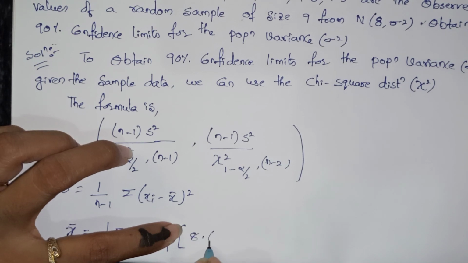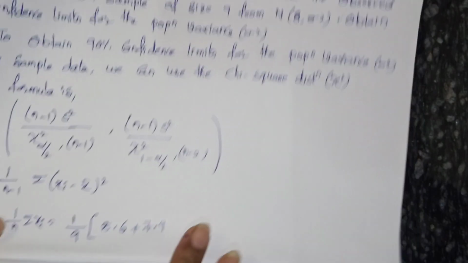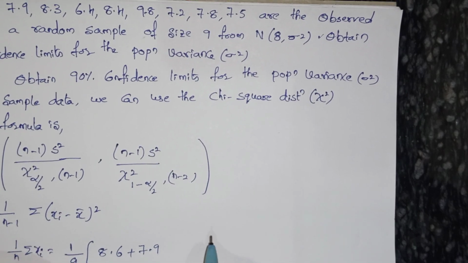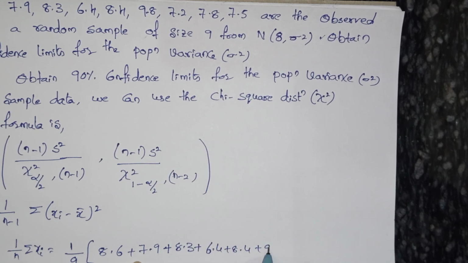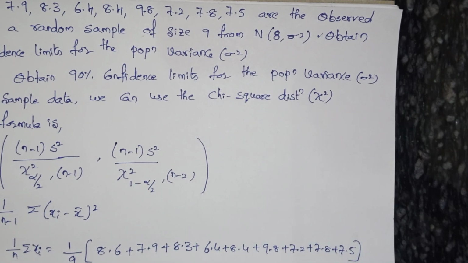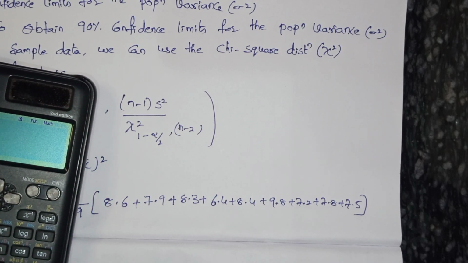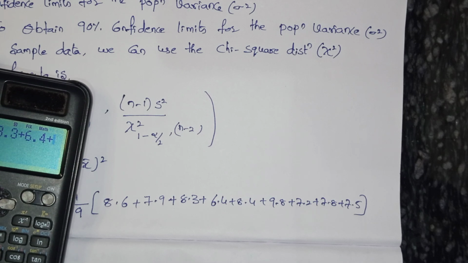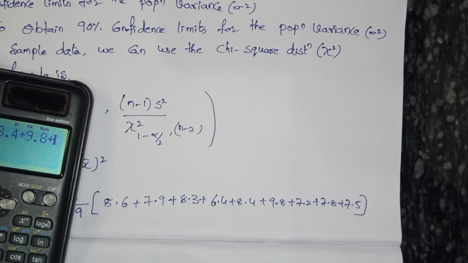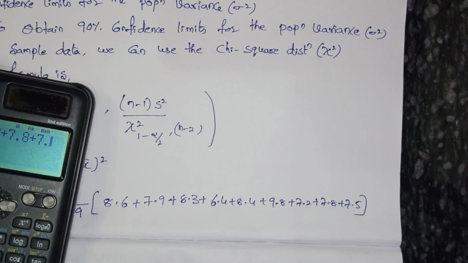So 1 by 9 times 8.6 plus 7.9 plus 8.3 plus 6.4 plus 8.4 plus 9.8 plus 7.2 plus 7.8 plus 7.5.